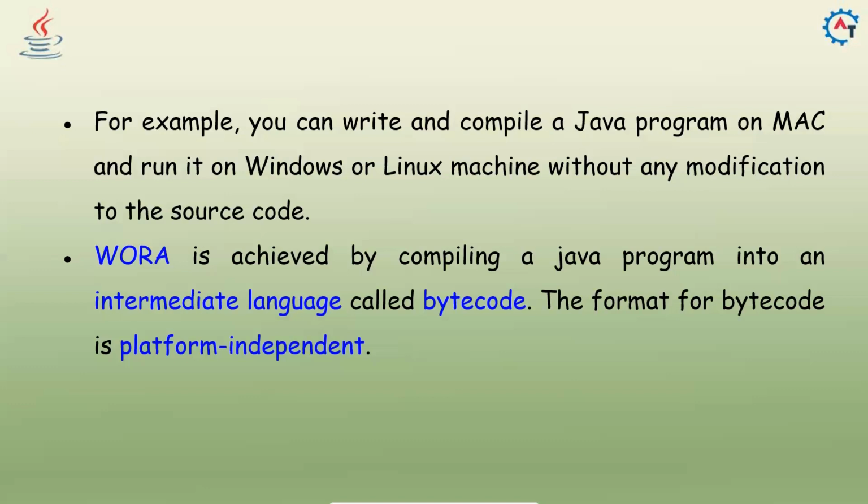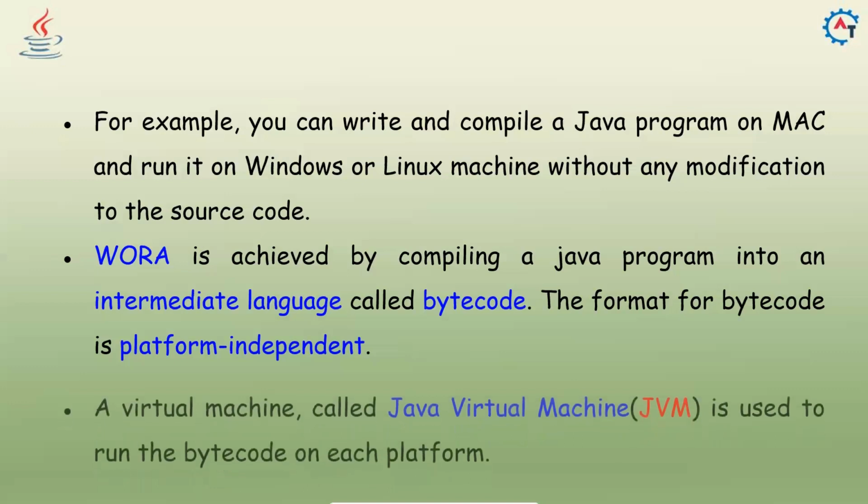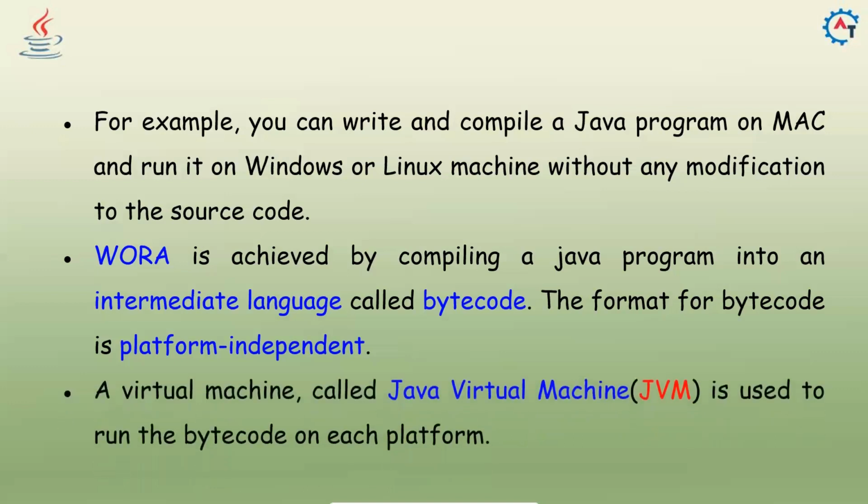You have written the code on Mac and you compile that code, and it can be executed on Windows or Linux, any other platform which supports Java. A virtual machine called JVM, Java Virtual Machine, is used to run the bytecode on each platform. Java internally has some components, and one of the components is the Java Virtual Machine.